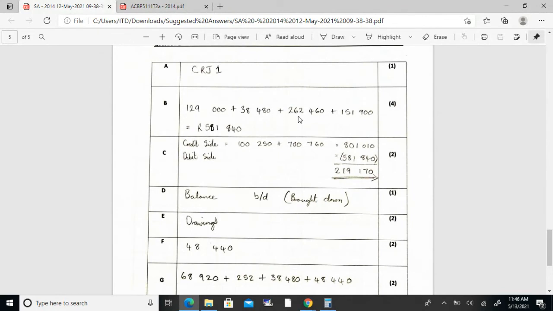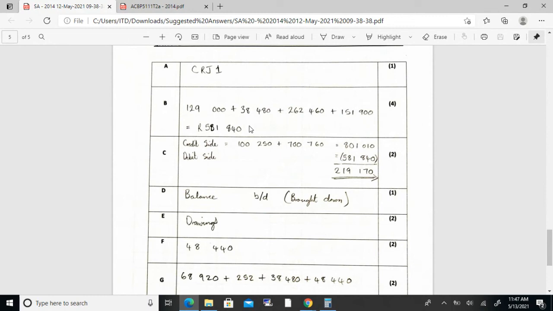And then plus the sales amount of 262,460, and then plus that 151,900.